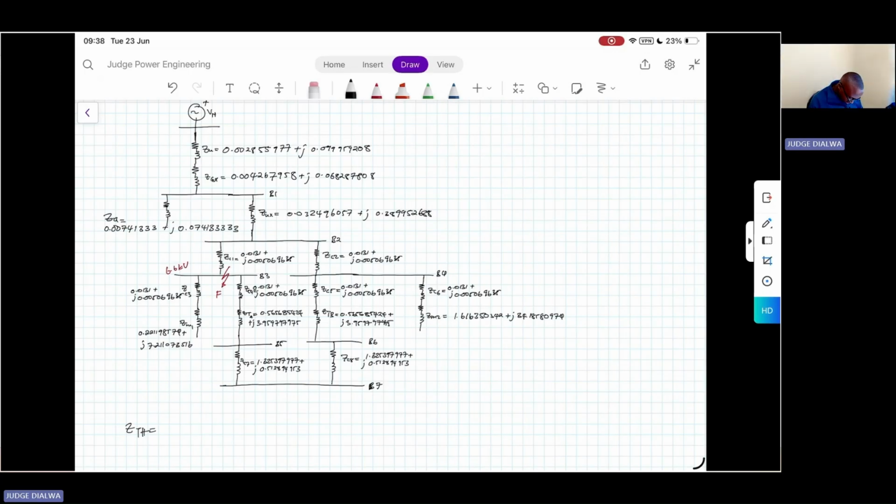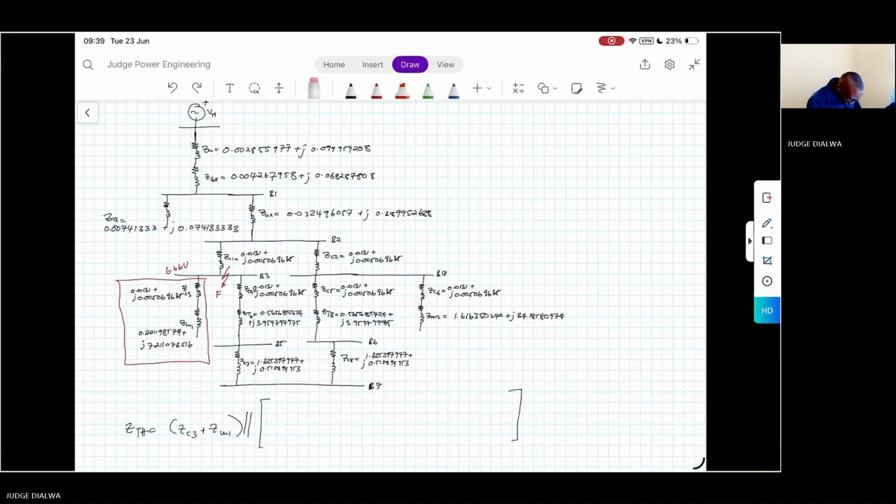Again, we have the series combination of cable 3 and a feed motor pump parallel to the entire network, right? So just to break it down, the series combination of cable 3 will be in parallel to the rest of the network.